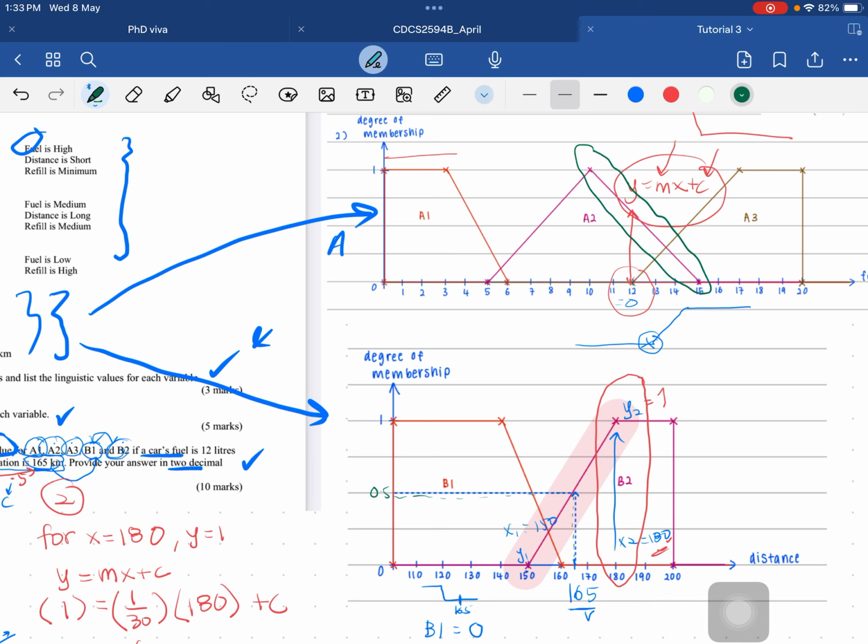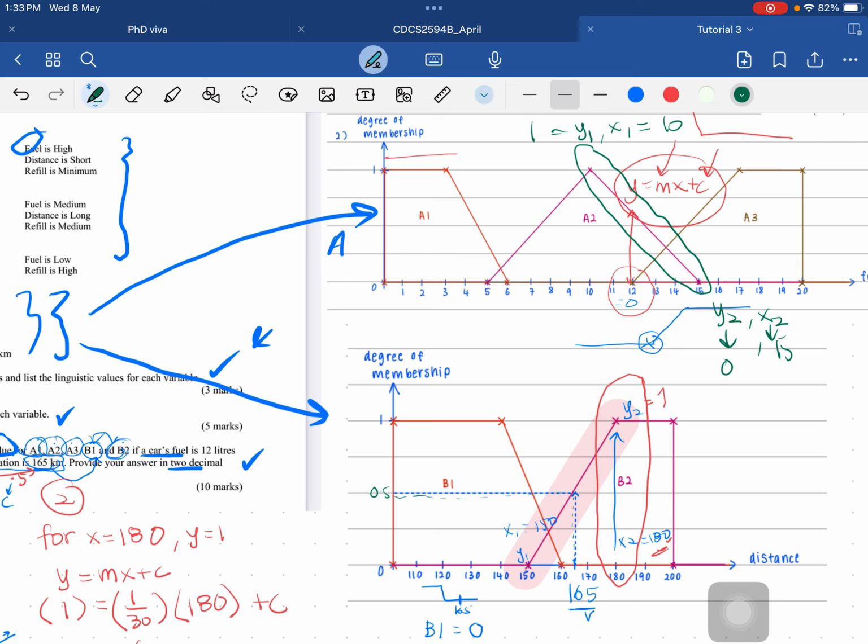So you need to find y1 and y2 with the values of x1 and x2. y1 could possibly be 1 and x1 is 10. y2 is 0, x2 is 15.